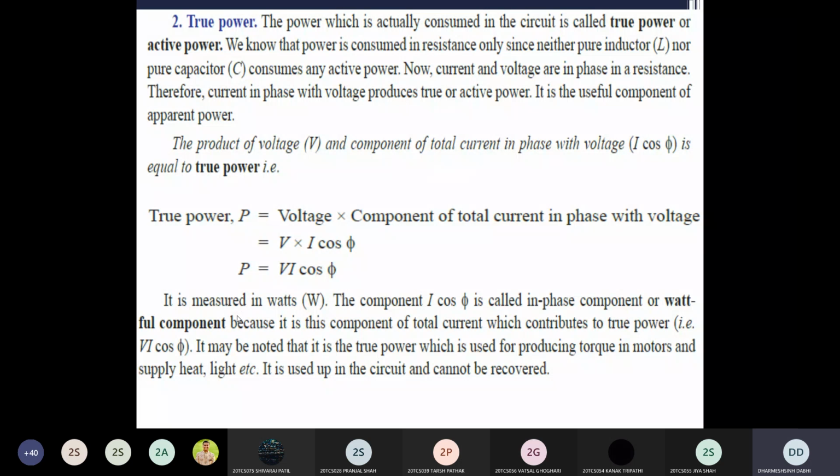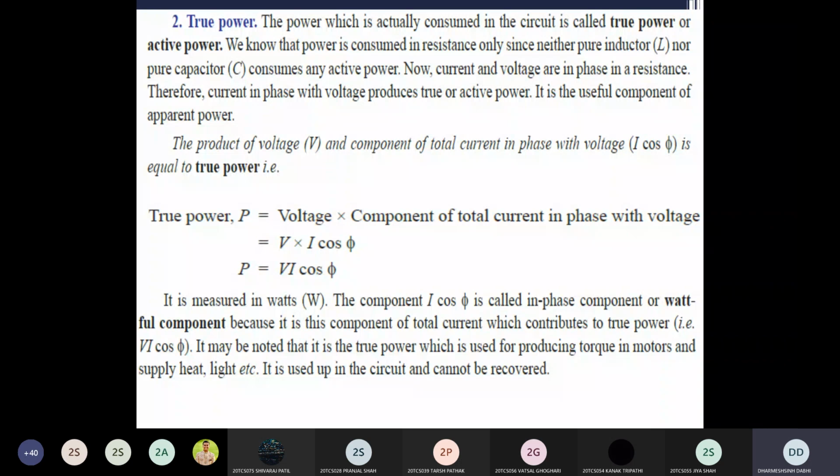So the component I cos phi, which is in phase with the voltage, is called the wattful component, which is a useful current, actually used to do some work in your load, because this component of the total current contributes to the true power. Clear? It is noted that the true power is used for producing useful work in your load.